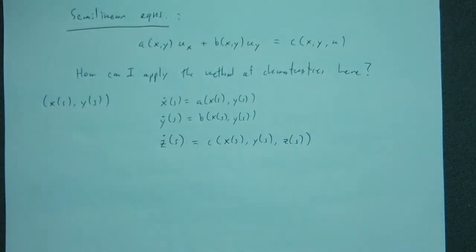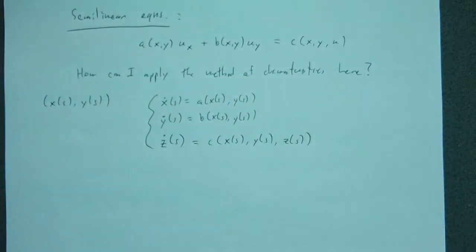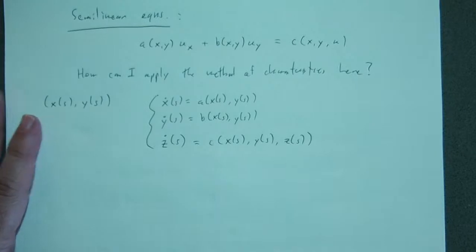previously the ODEs that we got out of our characteristic equations were guaranteed to be nice enough. But now that's no longer the case. This last ODE, if I'm not careful to give you something that's actually doable, could be really, really nasty.